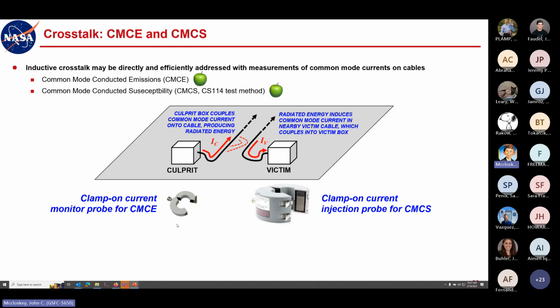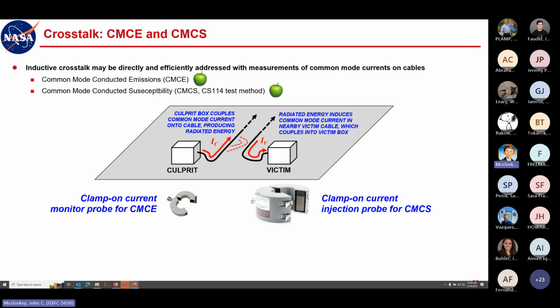Your primary is the loop formed by your cable under test and the ground reference, and the secondary is the loop of wire around the core, which gives you a potential corresponding to the current that caused it.